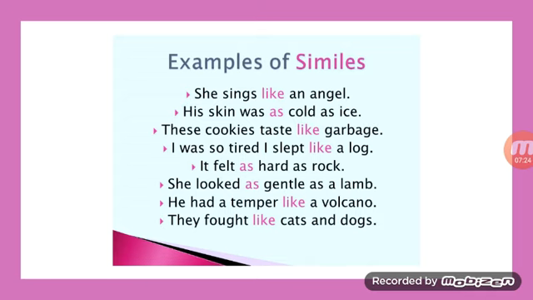So, the person is mainly comparing the cookies' taste with garbage. So the person is trying to convey the message that the cookies are not tasty and they are like garbage. And similarly, the other sentences on your screen, you can have a look.